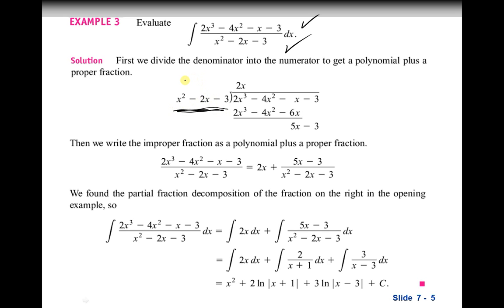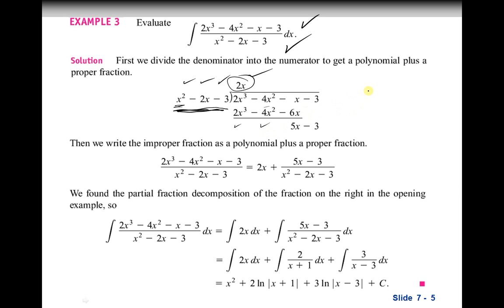We'll take x squared minus 2x minus 3 divided into 2x cubed minus 4x squared minus x minus 3. And you can see dividing x squared into 2x cubed gives you 2x. Multiplying 2x times the divisor, we get 2x cubed minus 4x squared minus 6x.